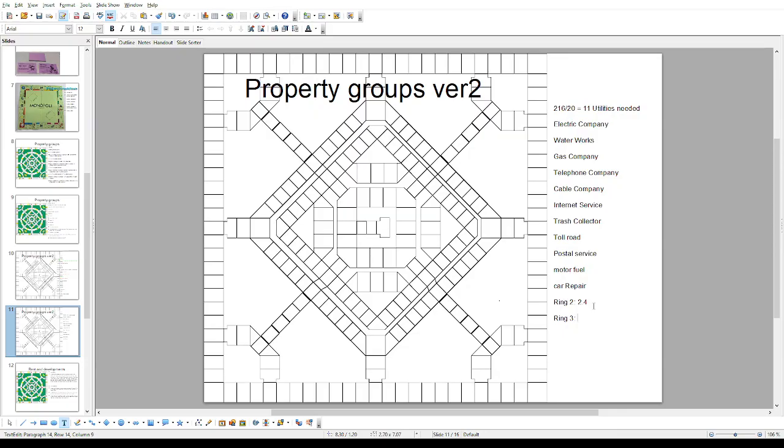Ring 3, 2.8. Okay, that one, yeah, definitely put 3 there.